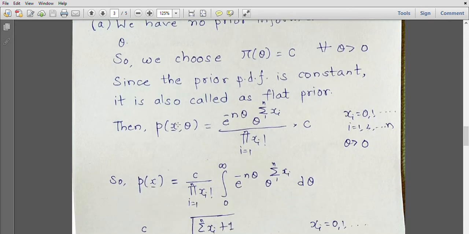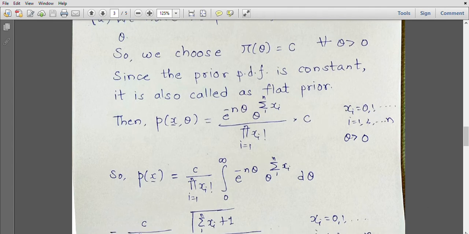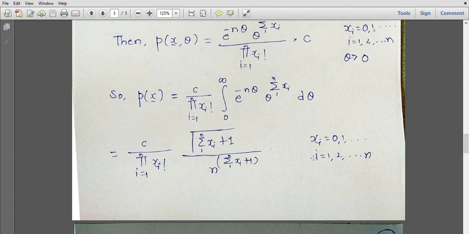So now the joint distribution of x and theta will be e raised to minus n theta, theta raised to summation xi upon product of xi factorial, multiplied by this prior PDF, which is simply c. So let us find the marginal distribution of x, which is nothing but the prior predictive distribution of the observable data. So you will integrate this with respect to theta.